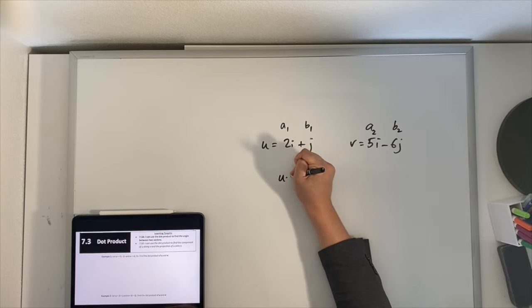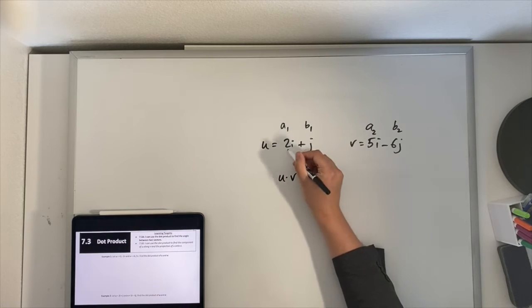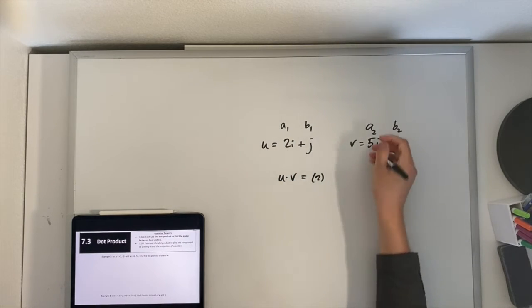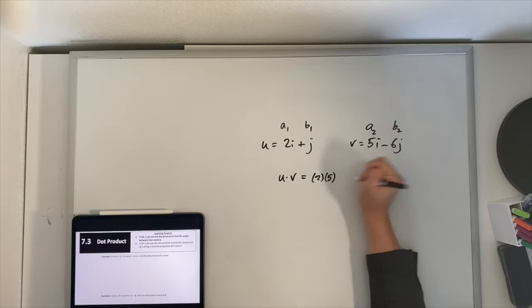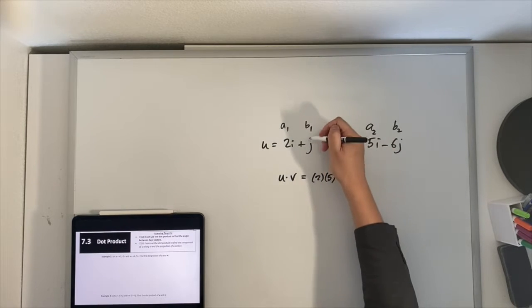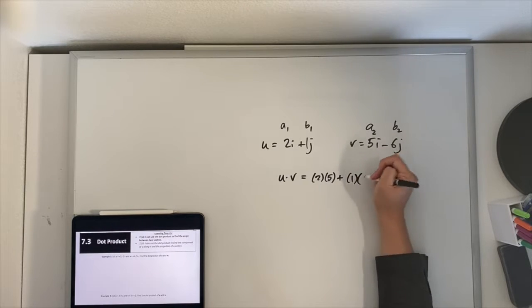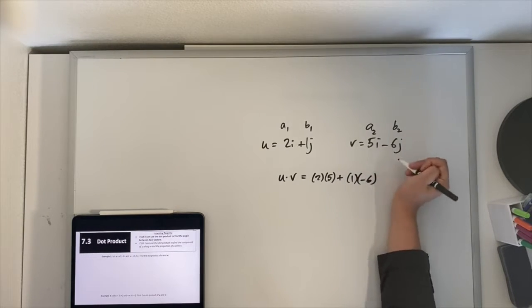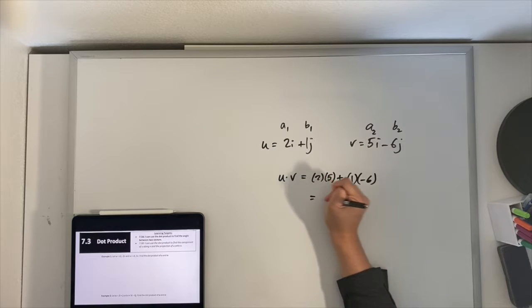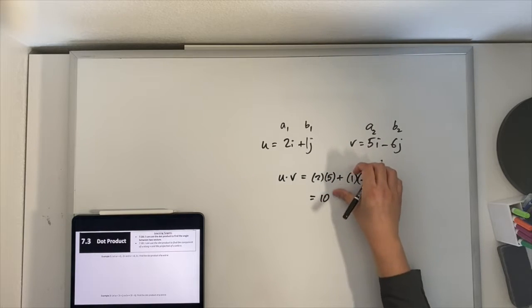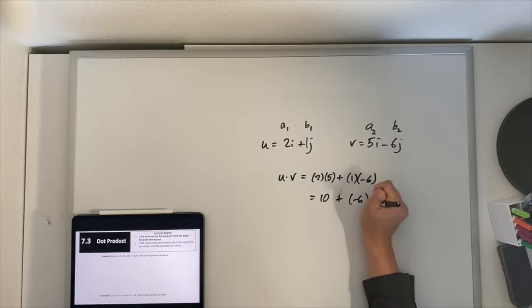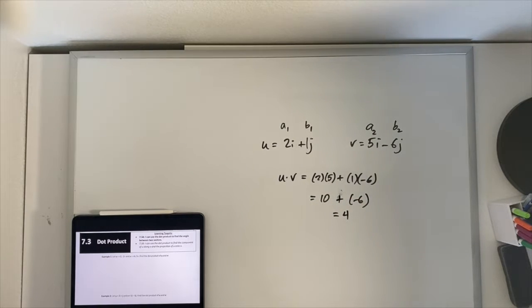So the dot product is a1, which is 2, times a2, which is 5, plus b1, which is 1, times b2, which is negative 6. Make sure you're including that sign there. Simplifying, we get 10 plus negative 6, or 4. Really, that's all there is to finding the dot product between two vectors.